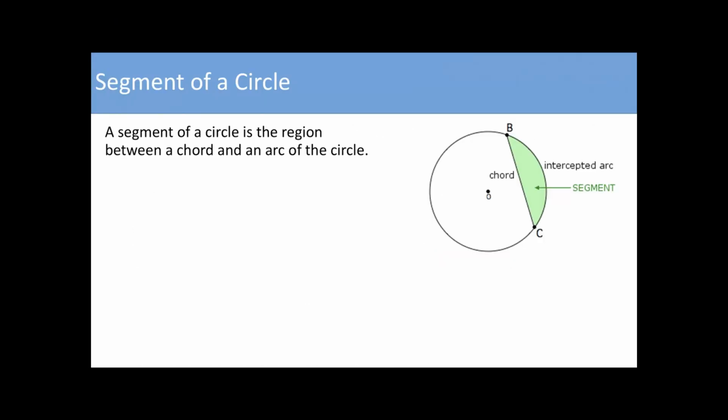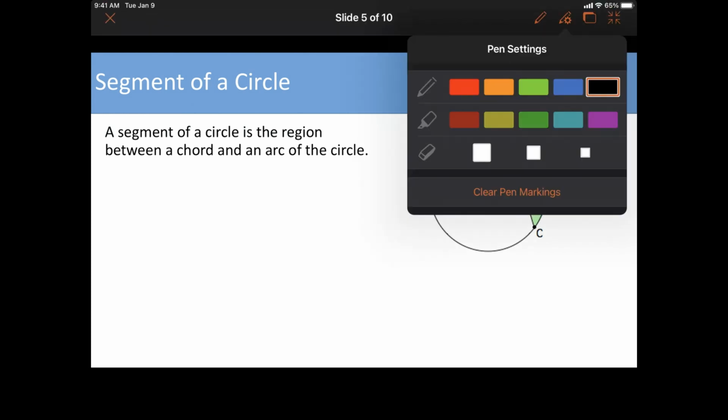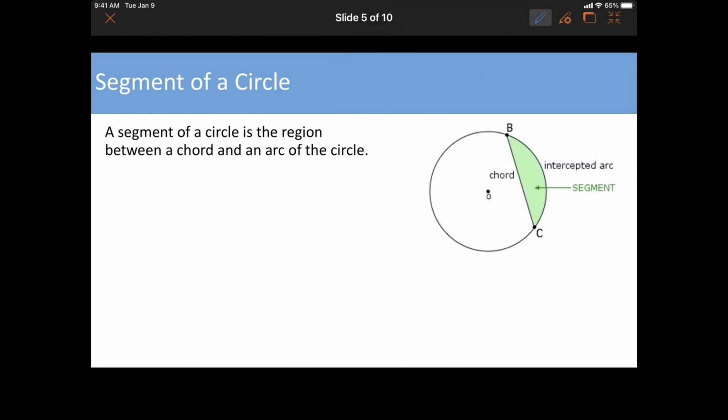Right. Our next shape is called a segment of a circle, which kind of sounds weird, right? But a segment of a circle is different than when we think of a line segment. A segment of a circle is a region bounded by a chord, right? But a chord is a segment where the endpoints are on the circle.